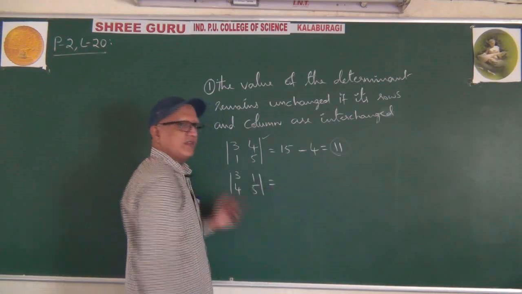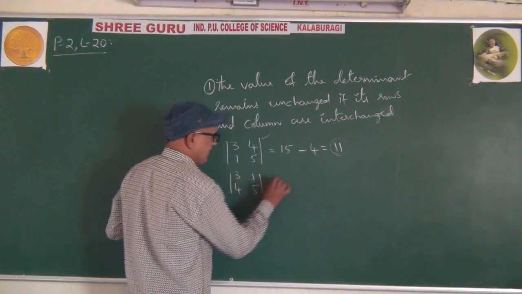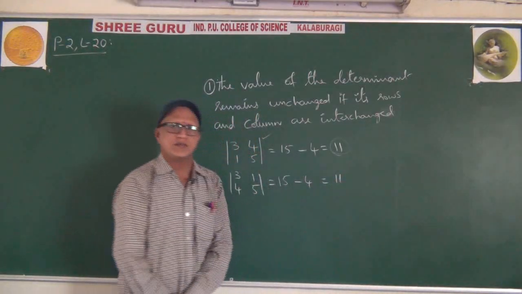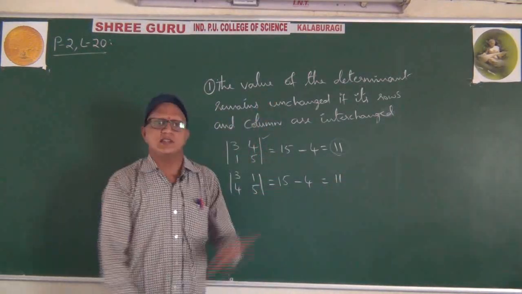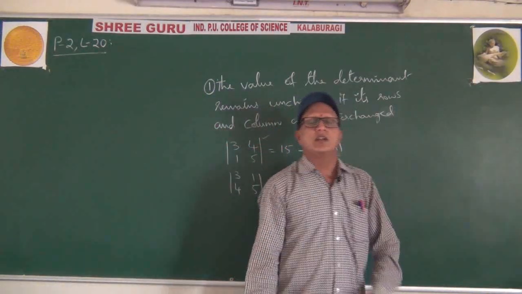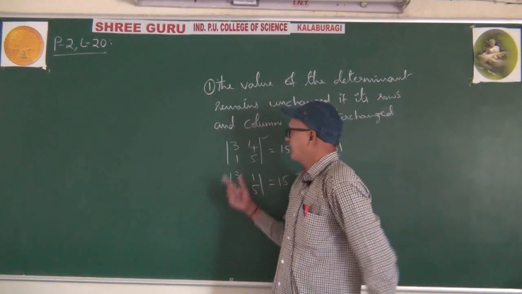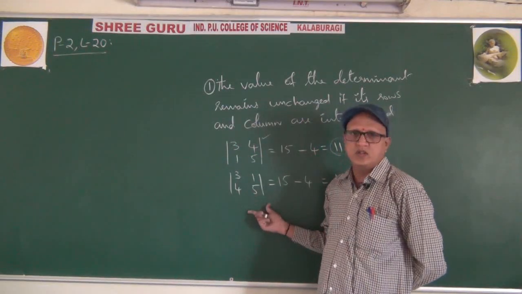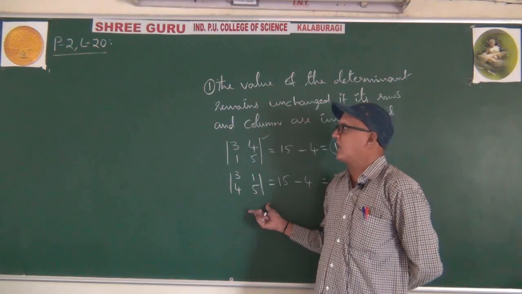Now let us see whether the value will change or not. 3 fives are 15 minus 4 ones are 4, same answer we get. That's what the property says. This is one property. While solving the questions, if you want to write like this, you can do like this. It means we have taken the transpose of the matrix.